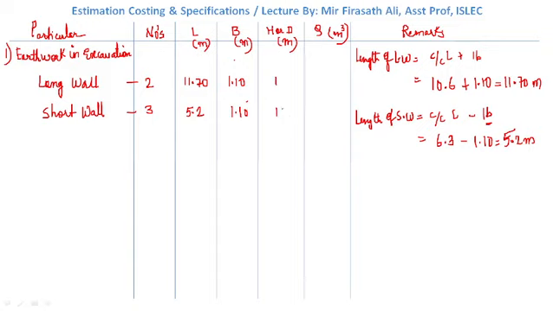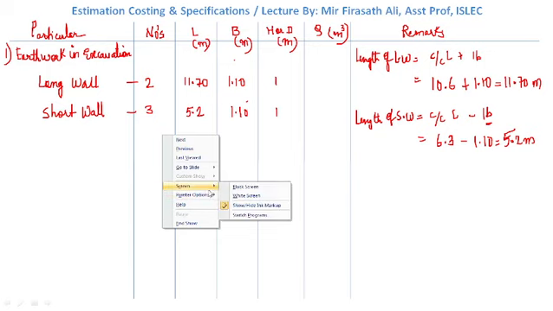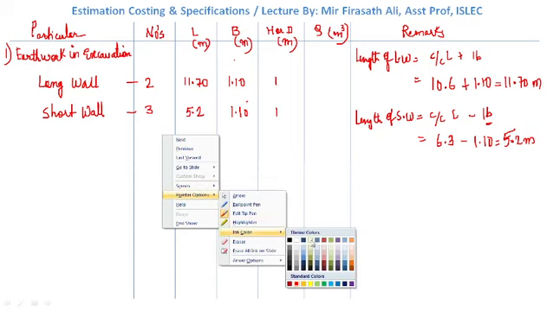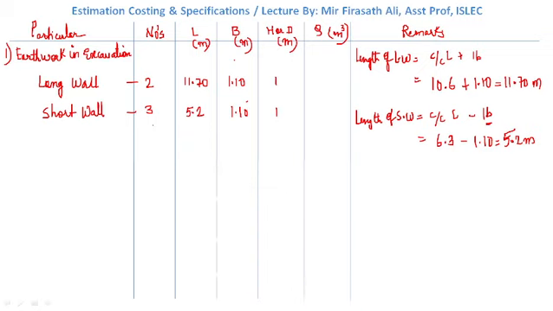Now we need to multiply all these quantities: number, length, breadth and depth. If we multiply, we will get the quantity. Multiply 2 into 11.70 into 1.10 into 1. The quantity will be 25.74 meter cube.